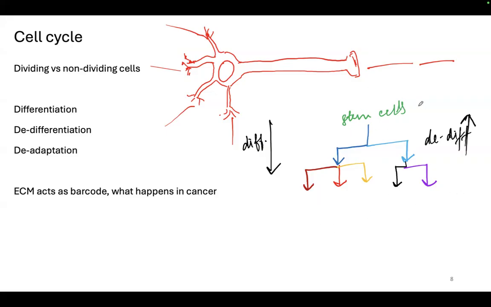Again, not perfect stem cells, but that's the best we have at this moment. How do you test if something is a stem cell? Can it become all of these 5 types? Can it become 2 types? 3 types? That's called pluripotency, the potential of that stem cell to become anything. Anyway, we'll talk about this again later. So differentiation is when it becomes specialized. De-differentiation is when you go back to that non-specialized state.